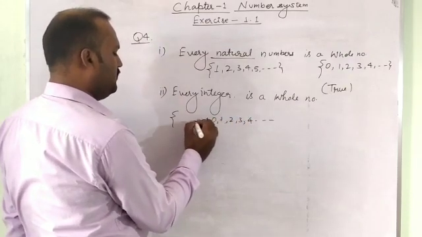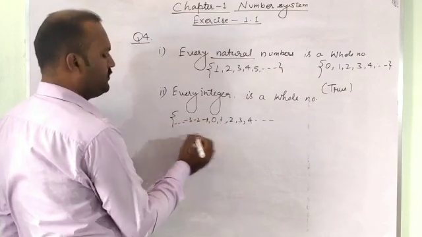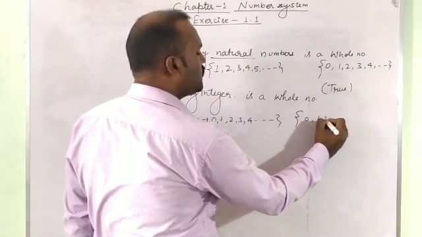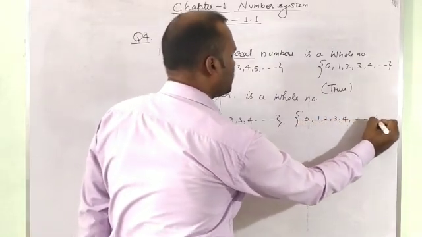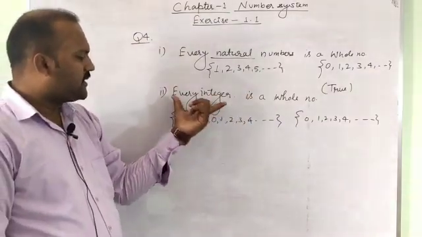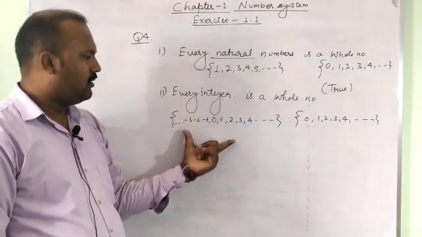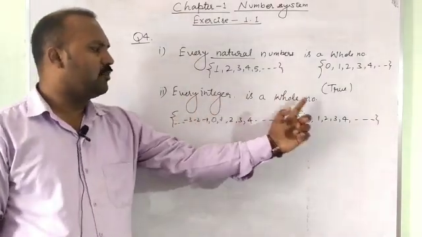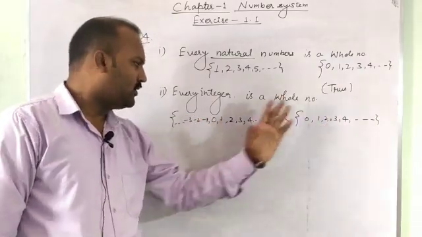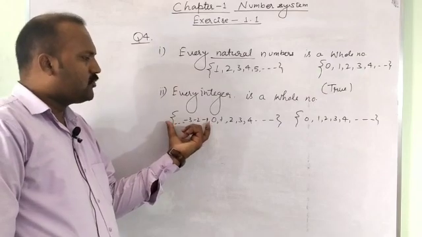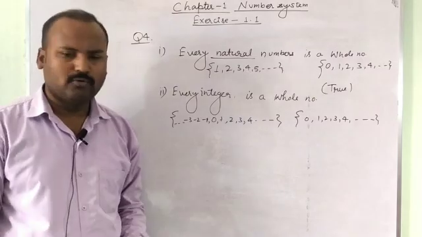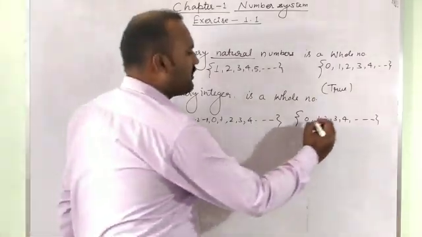And these are -1, -2, -3 and so on. These are integers. And whole numbers are 0, 1, 2, 3, 4 and so on. Now see, is this statement true or false? Every integer is a whole number. Do all integers belong in this set or not? See carefully, these negative numbers do not belong in this set, so we can't say that every integer is a whole number. So this statement will be false.